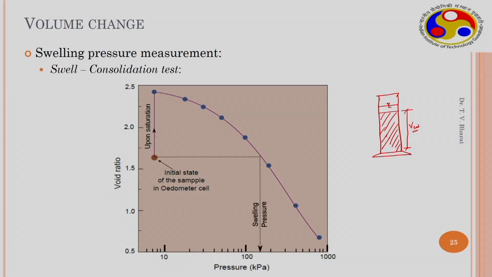Initially the sample is taken in an odometer cell, and when this is saturated, it swells and the void ratio increases, and this is the equilibrium void ratio under some seating pressure, say 6.25 kilopascal or 5 kilopascal. Then this is consolidated by applying loading, and when we draw a horizontal line, the corresponding swell pressure can be obtained.